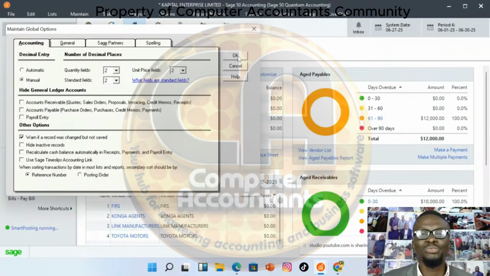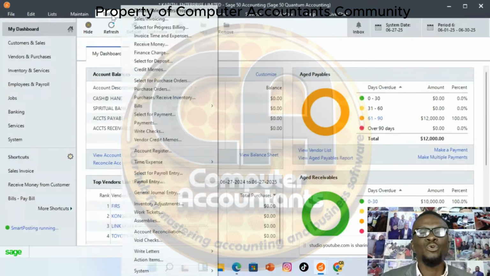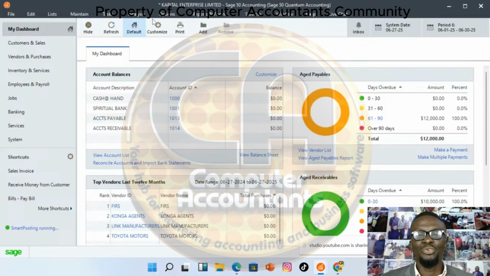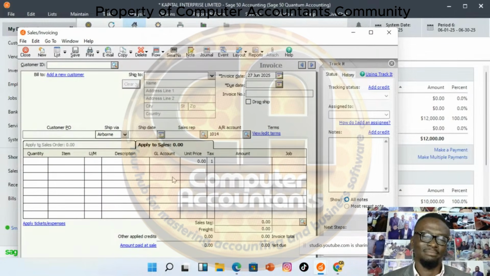Once you finish that, you click OK. Anytime you open any of your sales purchases document, you notice that the GL account will be there. That's how it will come out. Thank you once again. So let's continue our transaction.